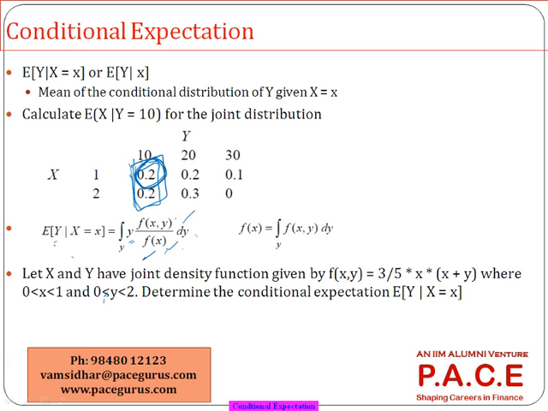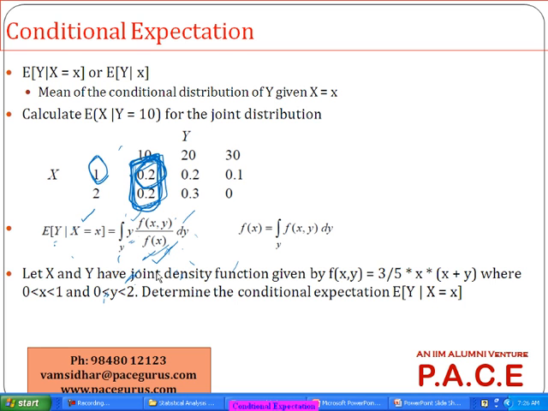In this case, if x is given, we divide by the probability of x, which is f of x, and we multiply it by the corresponding y and integrate across the whole y. And how do I get f of x here? F of x is nothing but the marginal density of x, which means across all y you have to integrate it.